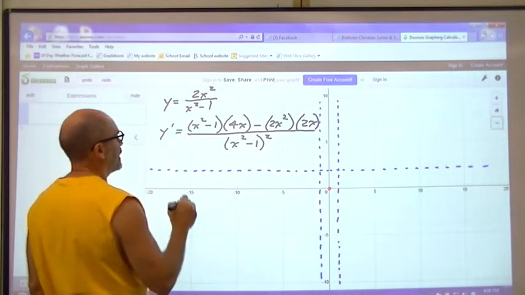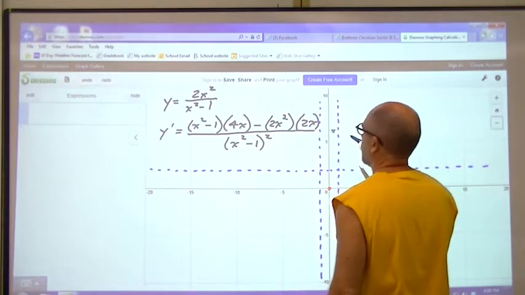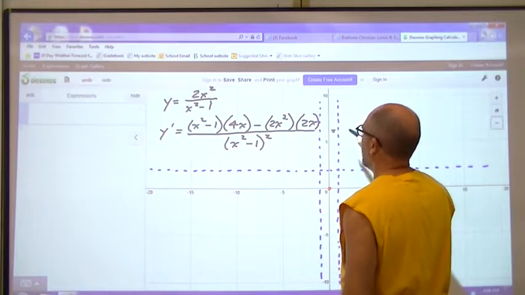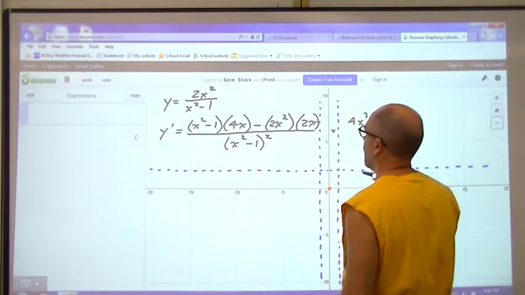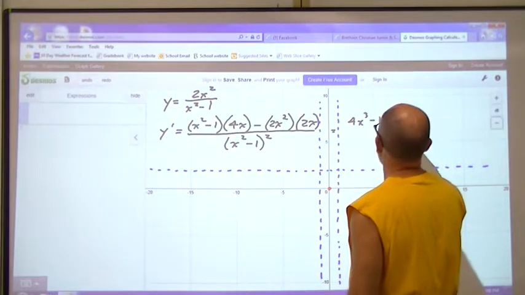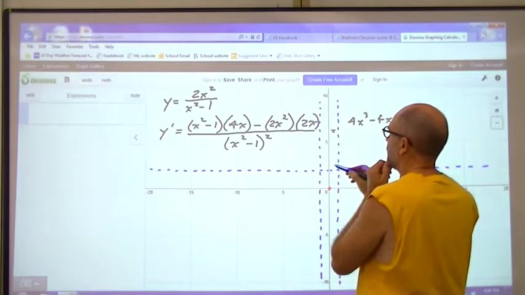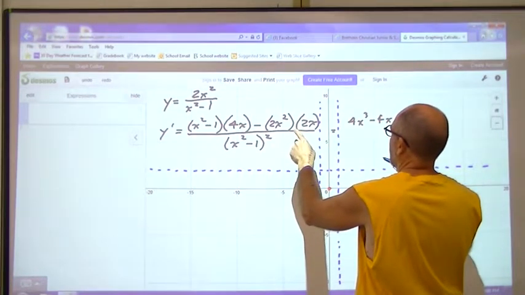And that's actually going to equal, let's see, 4x cubed minus 1. Oops, 4x cubed minus 4x, minus 4x cubed.